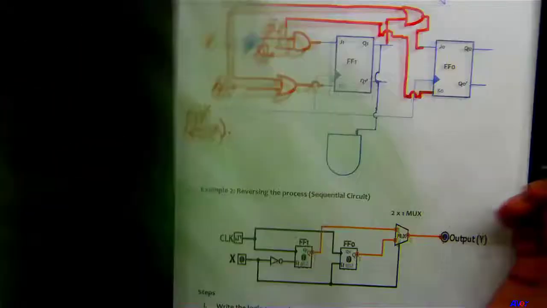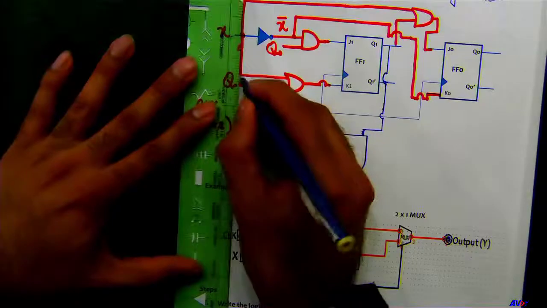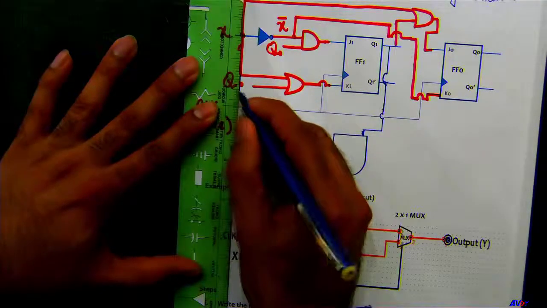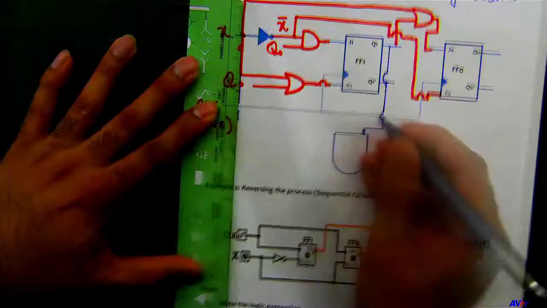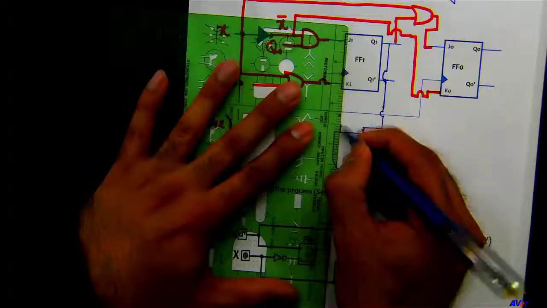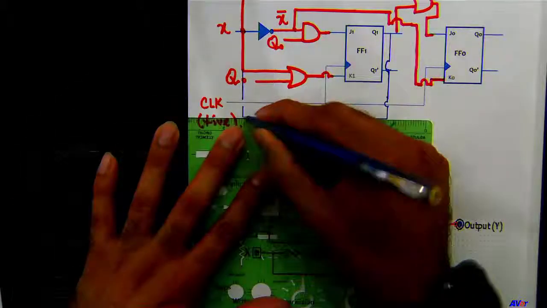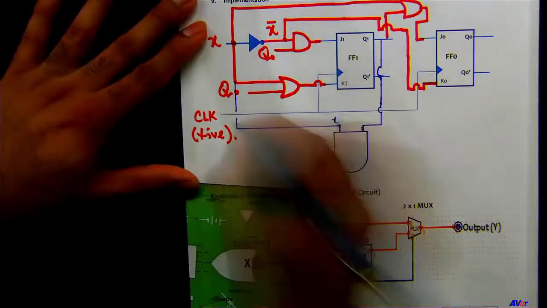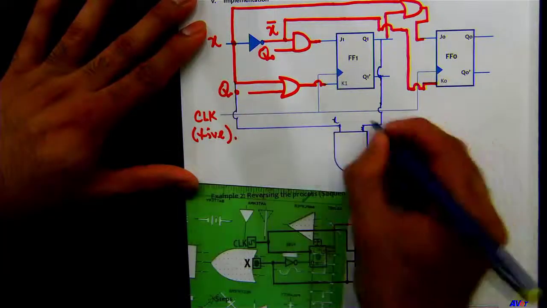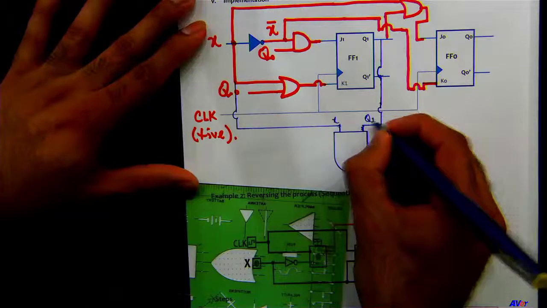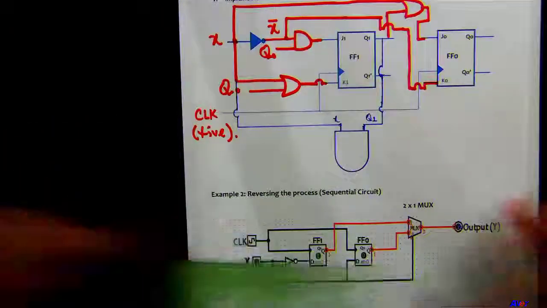We need X also, so this is your X, so Q1, and then Q0.